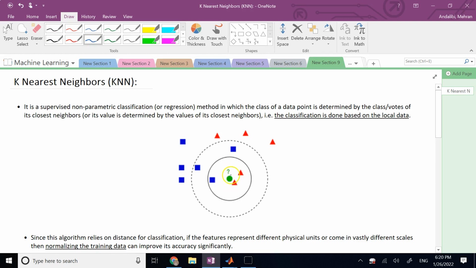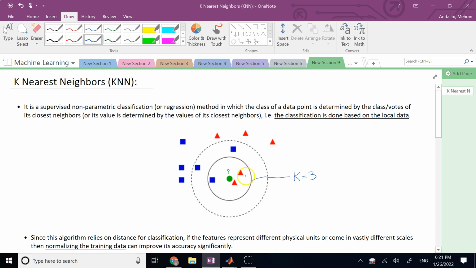If I want to say whether this green circle is a triangle or a square, I look at the k closest neighbors of it. Here, for this solid circle, k is 3. Out of all points that I have, triangles and squares, I look at the 3 that have the smallest distance. They are the closest, which are going to be the 2 triangles and the square.